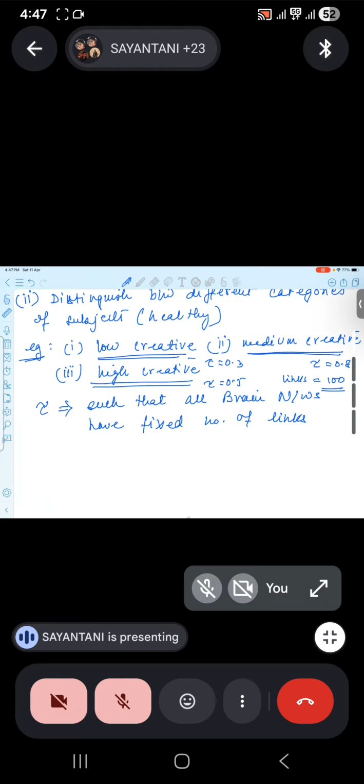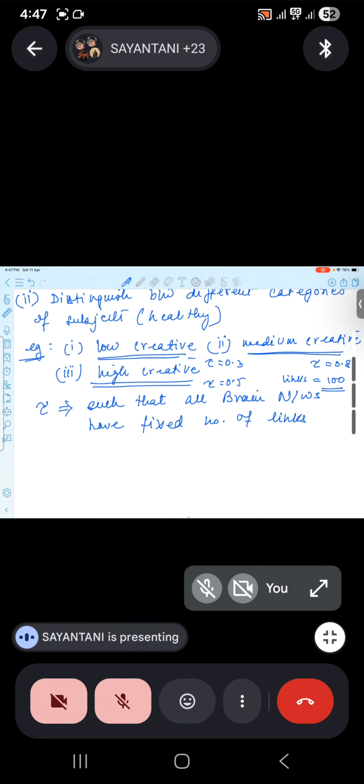So why are we doing this? Why are we keeping this condition? Because for healthy subjects, if I have to make the networks comparable, I need to have a fixed number of links, because all of them are healthy subjects, right? If somebody has a very dense connection and somebody has a very sparse connection, I cannot compare them properly, because dense and sparse connections come into the scenario when I'm categorizing healthy and diseased subjects.